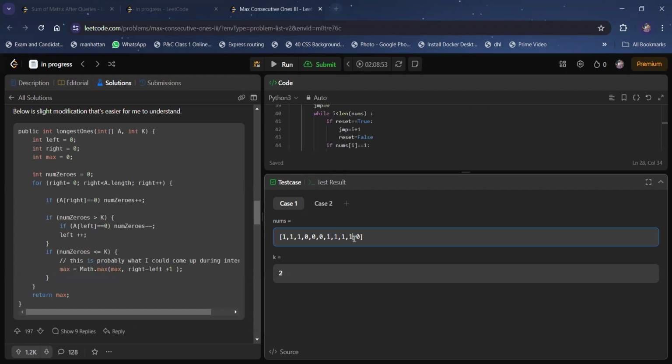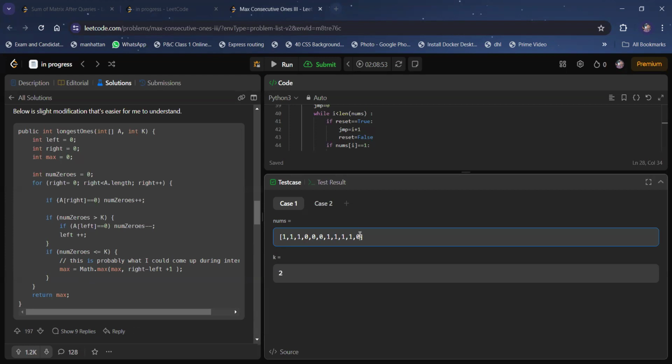Right has come up till here, so this minus this position plus 1 counts the number of ones that is possible by flipping these two zeros, which is 6. 6 is greater than 5, so it stores 6 in max.